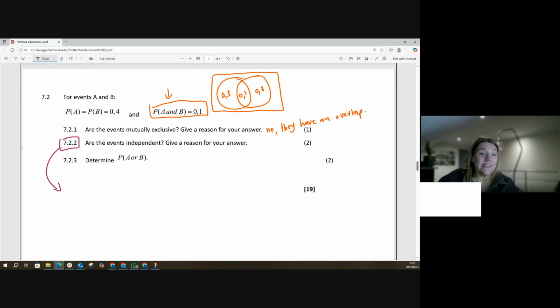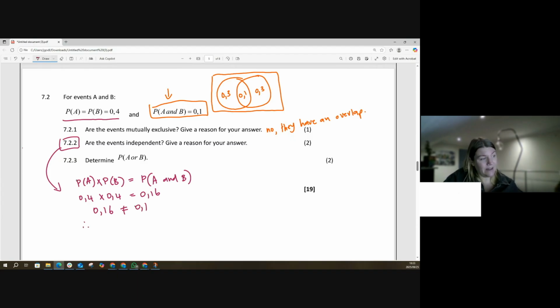So in order for things to be independent, the probability of one times the probability of the other needs to be equal to the probability of A and B. They've told you what A and B is. So probability of A times probability of B is 0,4 times 0,4, which is equal to 0,16. 0,16 is not equal to 0,1. Therefore, no, they are not independent.